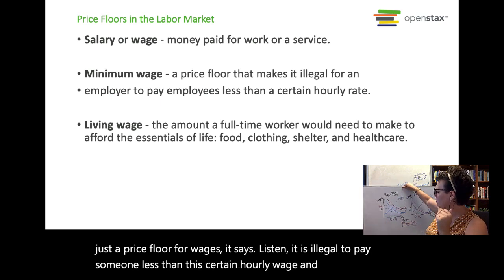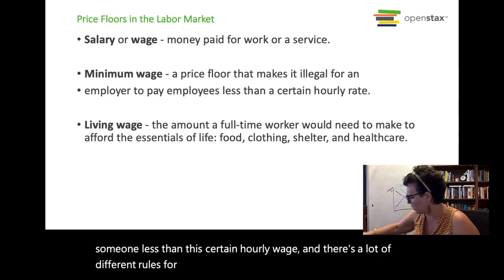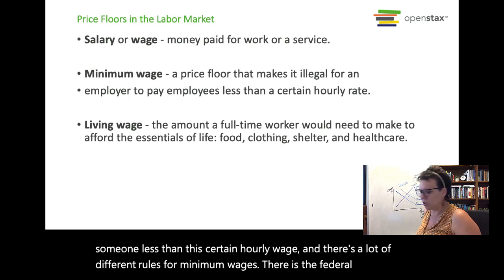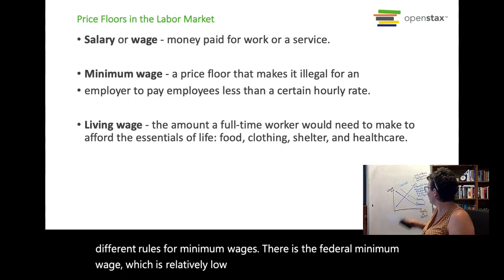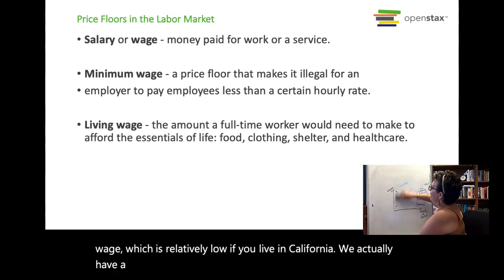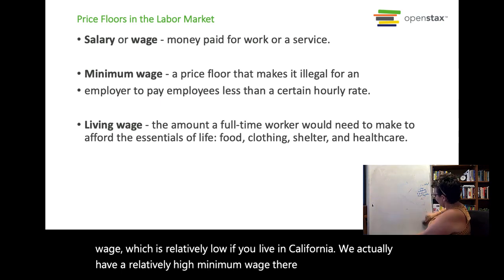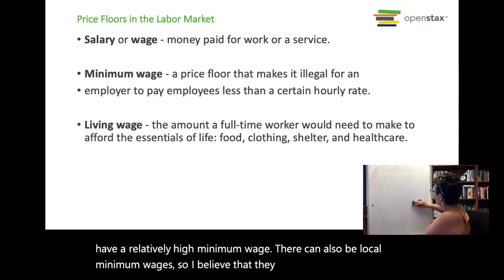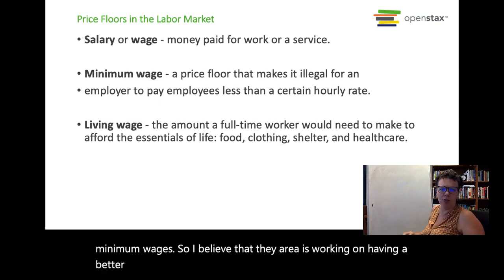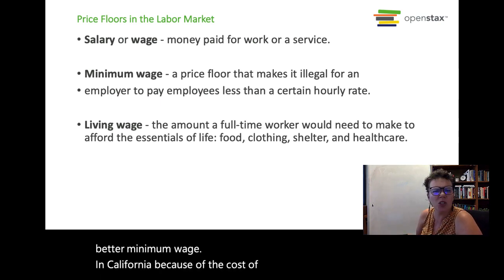And there's a lot of different rules for minimum wages. There is the federal minimum wage, which is relatively low. If you live in California, we actually have a relatively high minimum wage. There can also be local minimum wages. So I believe the Bay Area is working on having a better minimum wage than California because of the cost of living. There's also other rules about it.